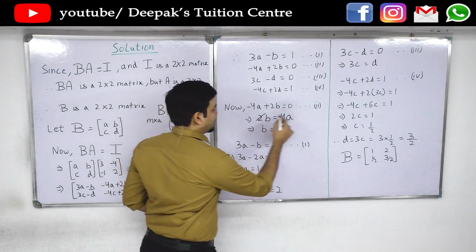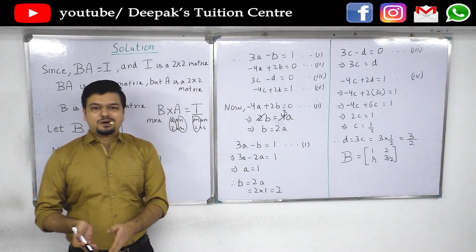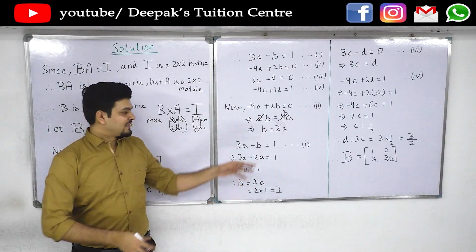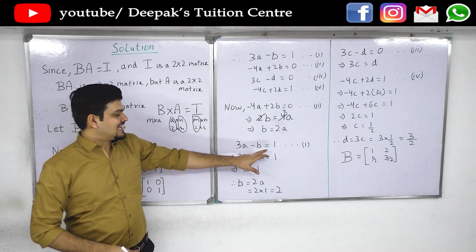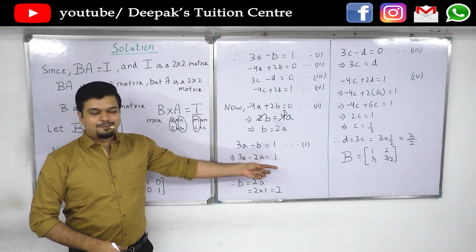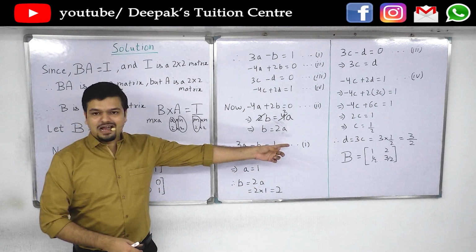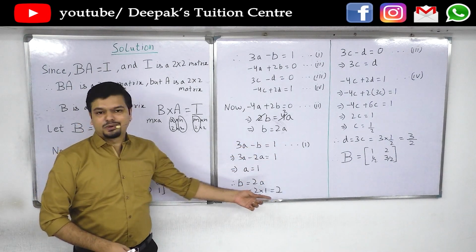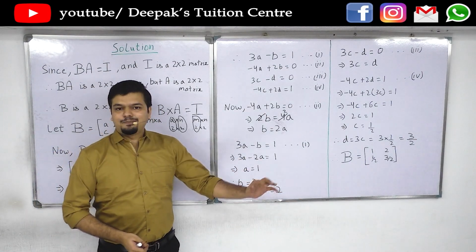I cancel out the 2 with the 4 and get B equals 2A. Now, the value of B is in terms of A. I substitute this value in the first equation. So, 3A minus B equals 1 gives me 3A minus 2A equals 1, that is A equals 1. Since B is 2A, B equals 2 into 1, that is 2.